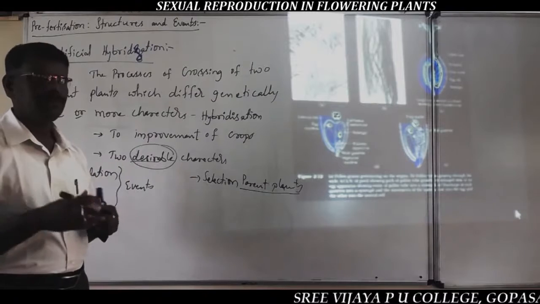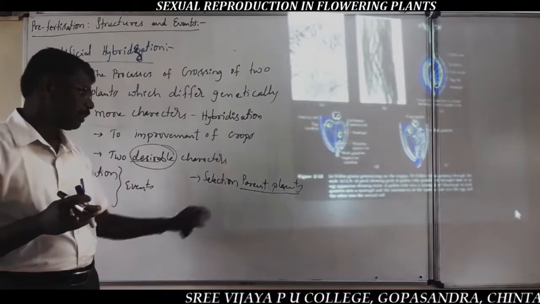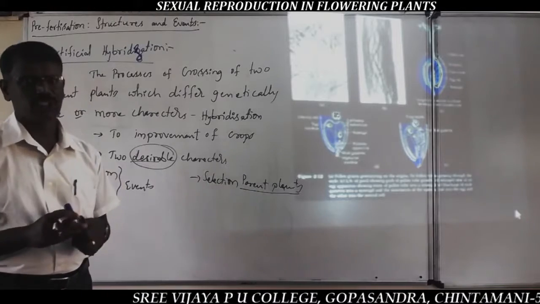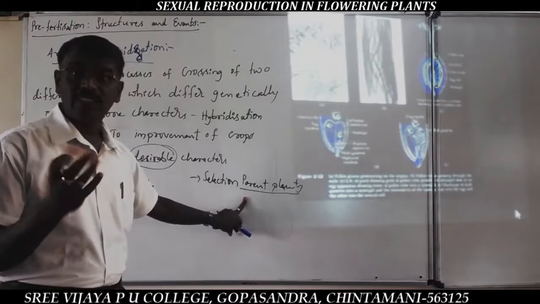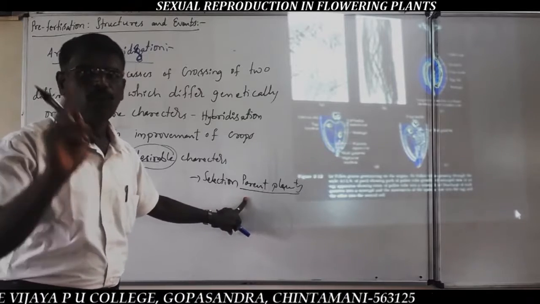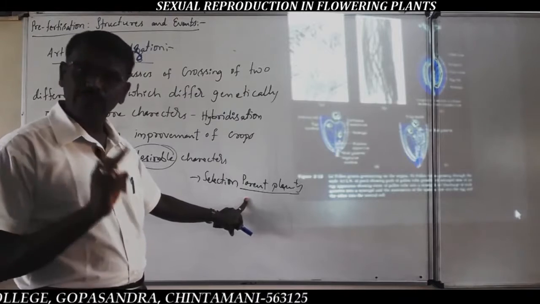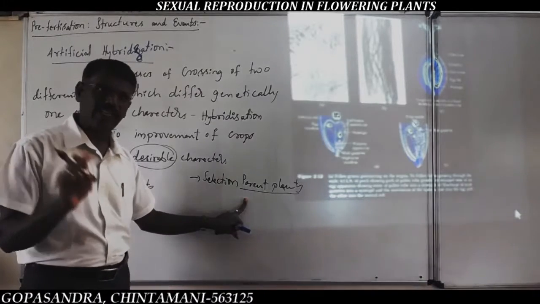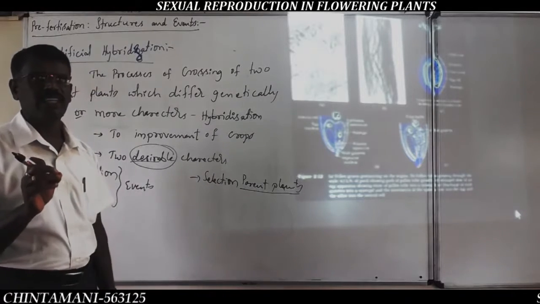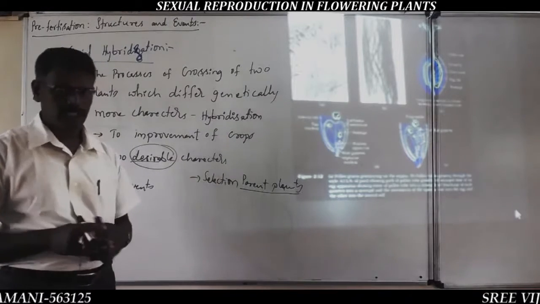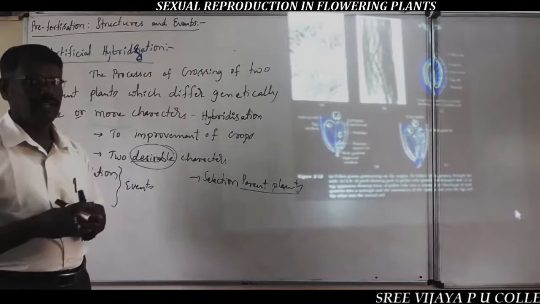Those desirable characters are present in the selected parents. These parents are always selected from plants in the wild condition, not cultivated, so that the characters are easily adapted to the environment.